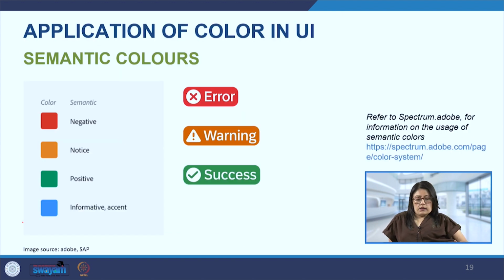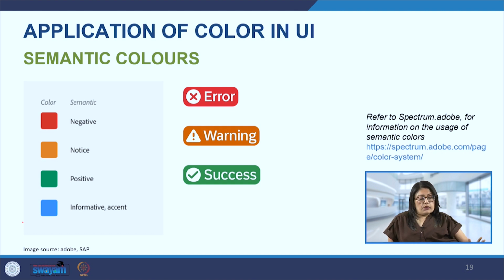Now, semantic colors. Semantic colors are basically colors from the brand, and they are a part of the design system, and they help us determine, or they do certain jobs. Mostly there are these four colors that are used. The red color stands for danger or error.